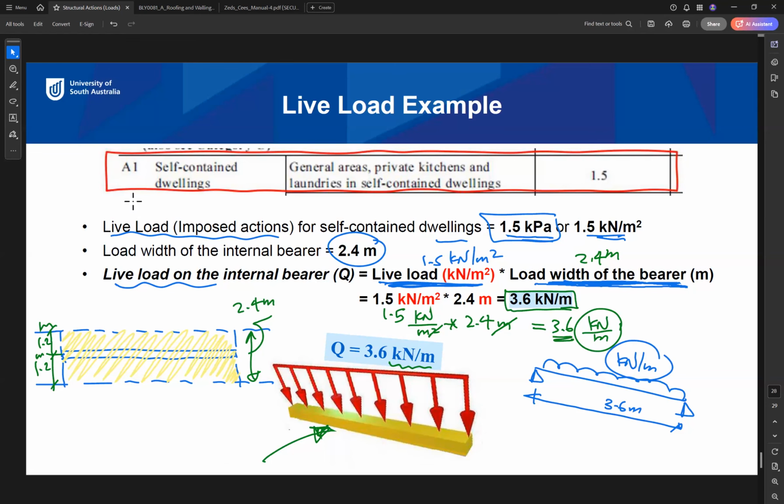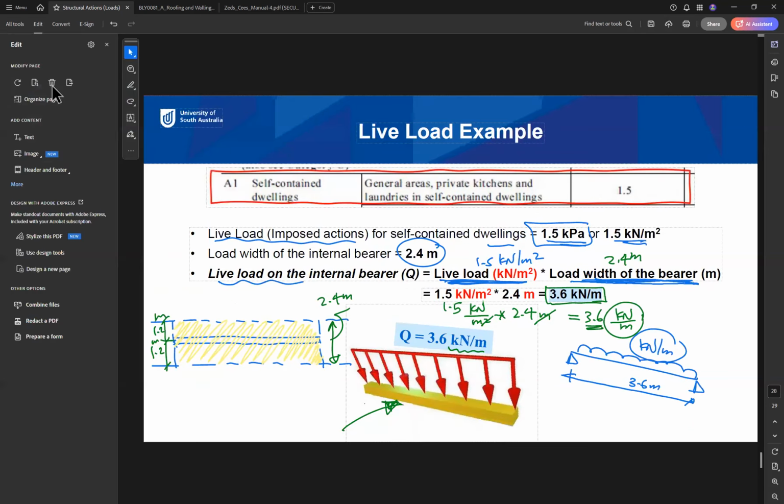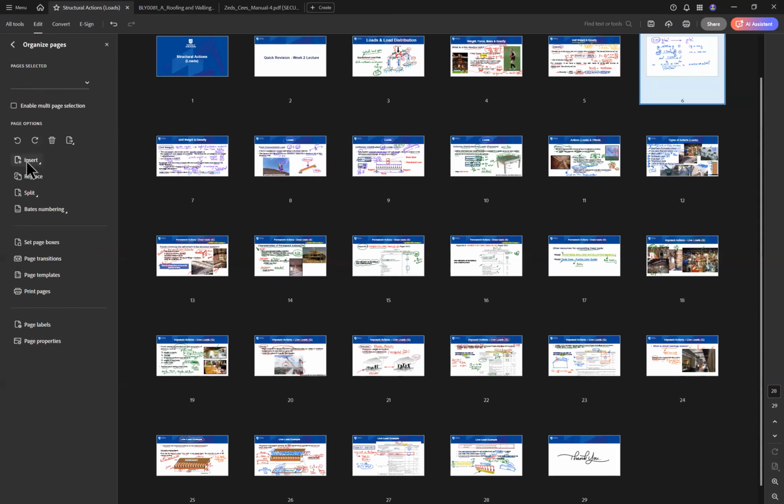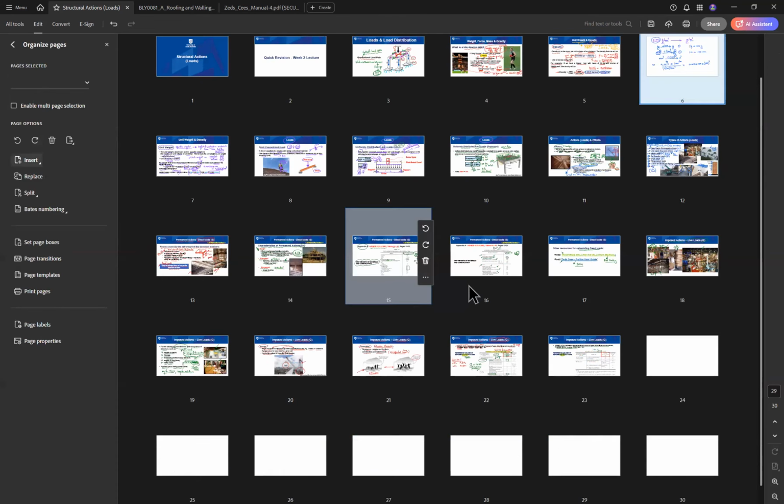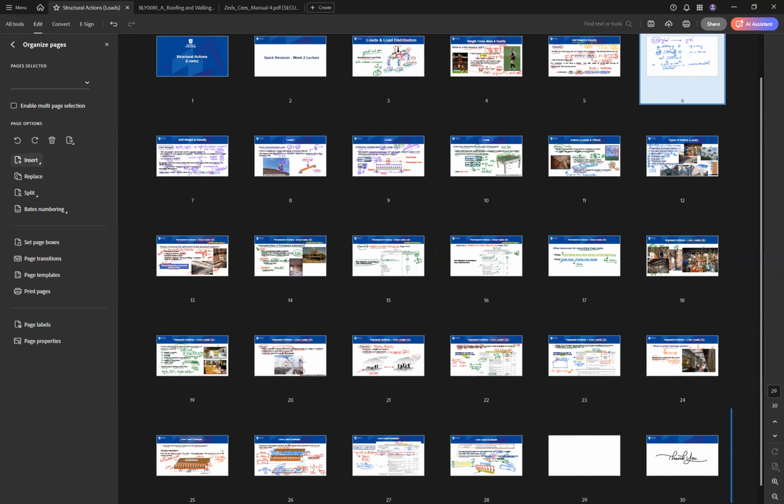Thank you, sir. So if we summarize what we have done in this problem, for example, in the class, we have found G equal to 0.728 kilonewton per meter, for example.